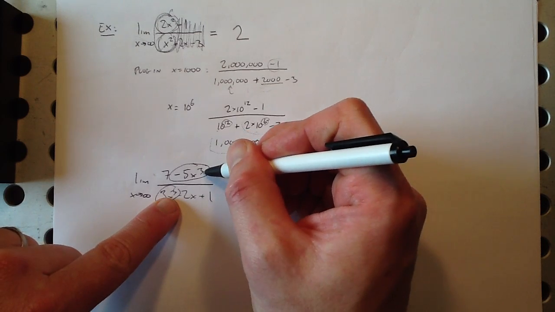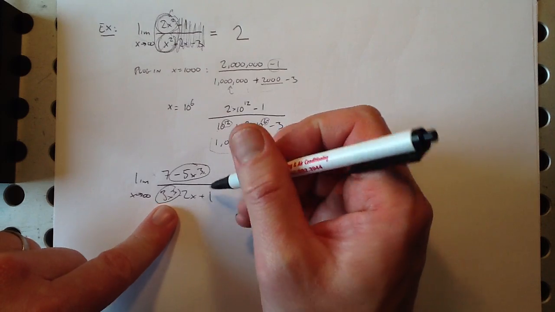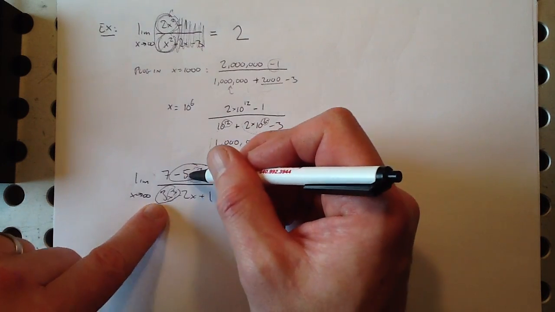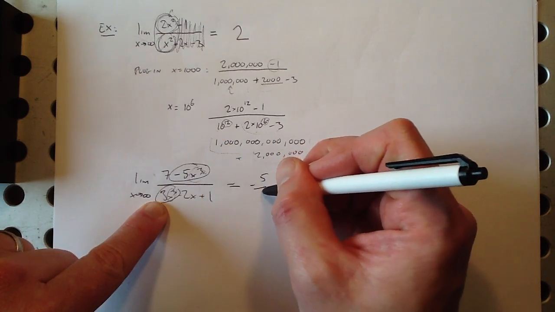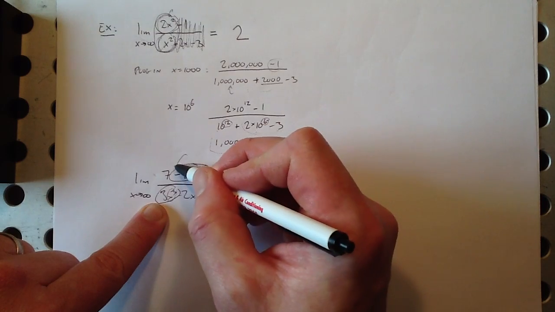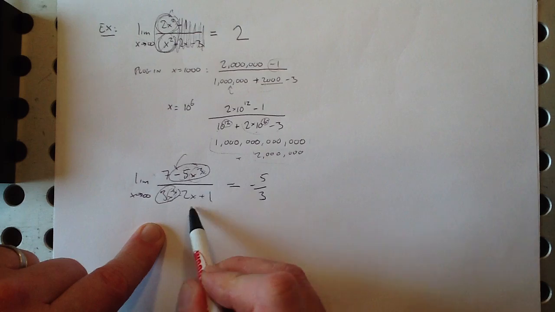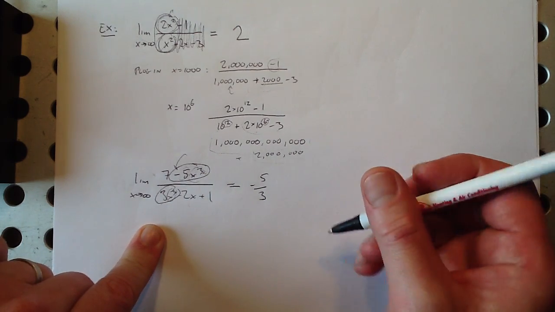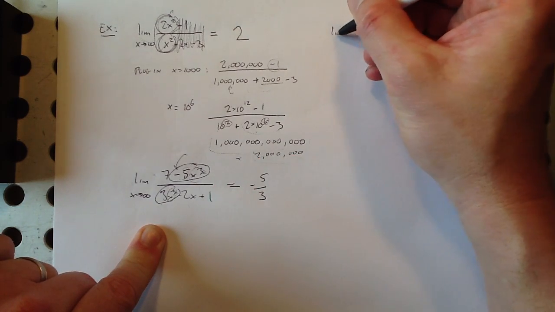Since these are the same top and bottom, and they're both going to be going to like million, trillion, and bigger numbers together, right? This will always be the same very large number. Then the coefficients tell me what that limit should be. And notice that that minus sign is attached to that term, right? 5/3 would be incorrect.